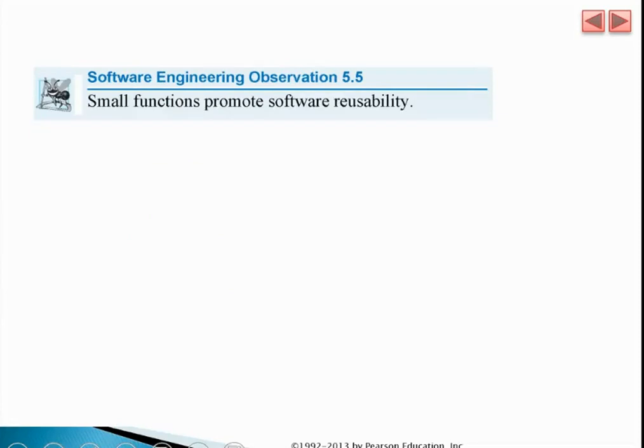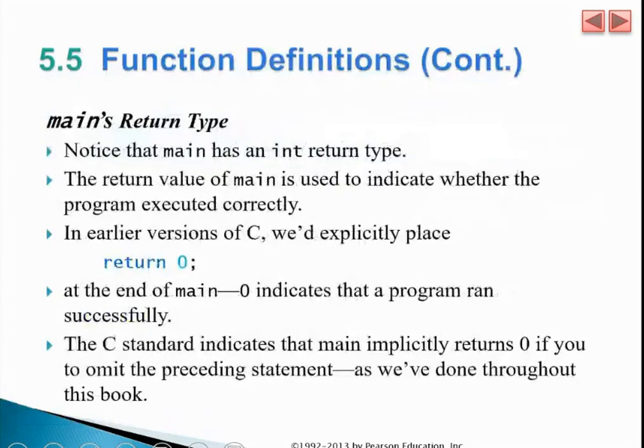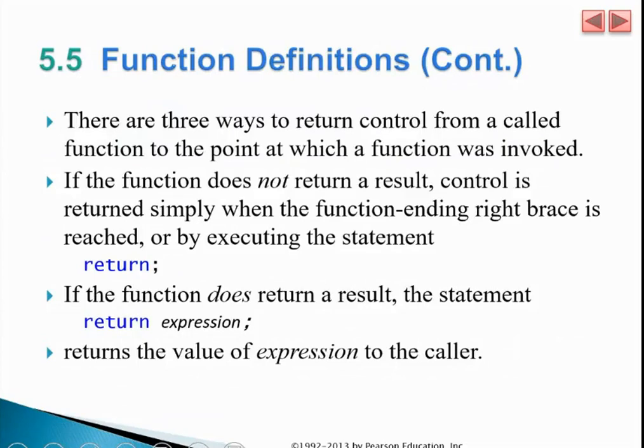Okay, so I think that is enough for function prototyping. Now there is one more important thing I would like to mention, so let us read out this slide. These have some more concepts. There are three ways to return control from a called function to the point where the function is invoked. If you remember, when I call square of say 2, once the definition is called, it will return 4, and this 4 will actually replace this call.